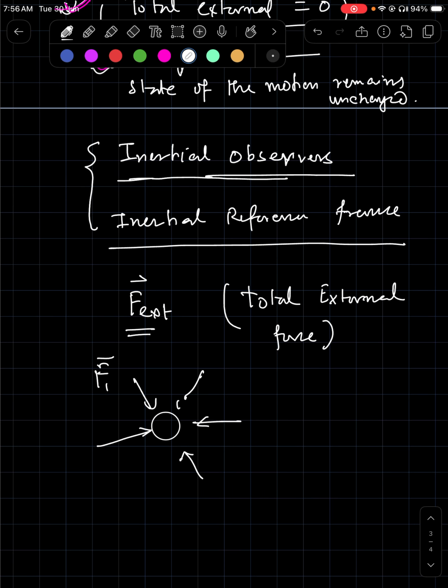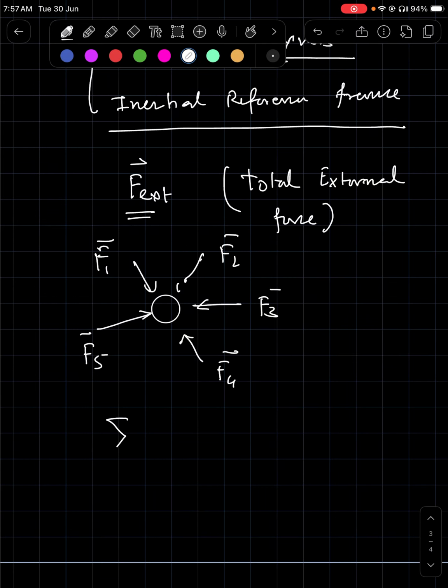Suppose F1, F2, F3, F4, F5. It is the sum of the forces we are talking about. So we are talking about this force in Newton's law. Here F external means the total external force.